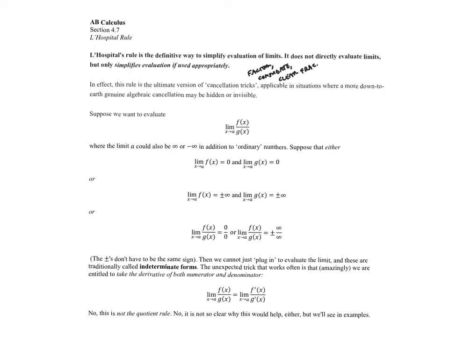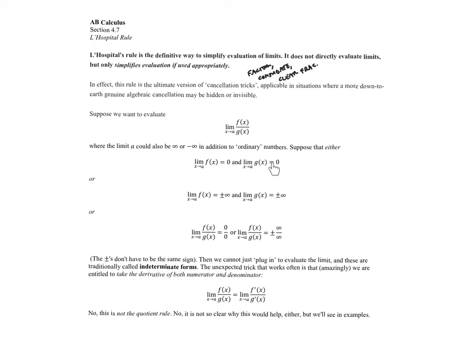Suppose we want to evaluate this limit, where the limit a could be infinity or negative infinity in addition to ordinary numbers. So suppose that either the limit of the numerator and the denominator equals 0, or the limit of the numerator and denominator are infinite, as you can see in this situation.